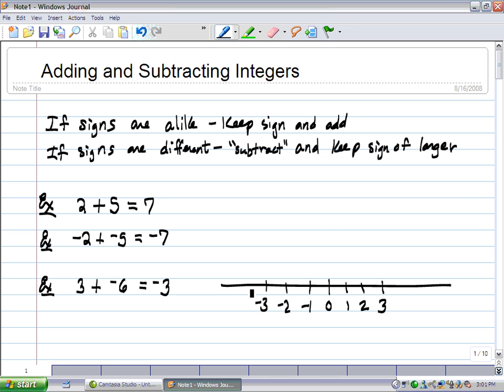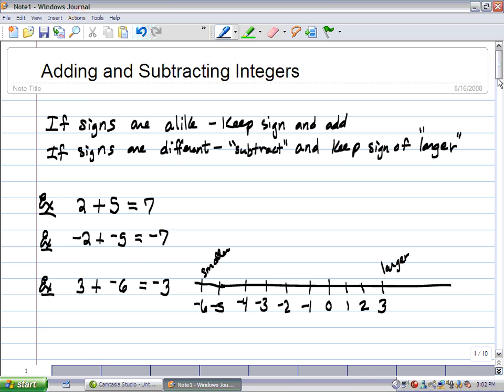So on a number line, which number is larger? 3 is larger. And negative 6 is the smaller of the two. So when I talk about keeping the sign of the larger, I really mean the one that looks larger if you ignore its sign. Okay, so ignoring the sign part is important.